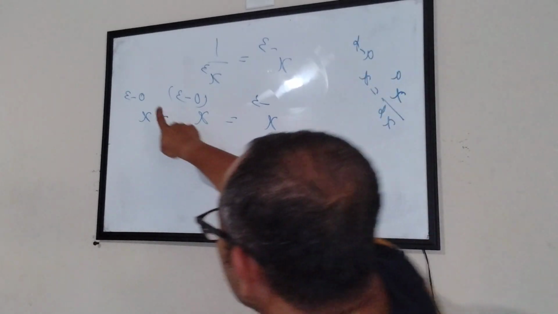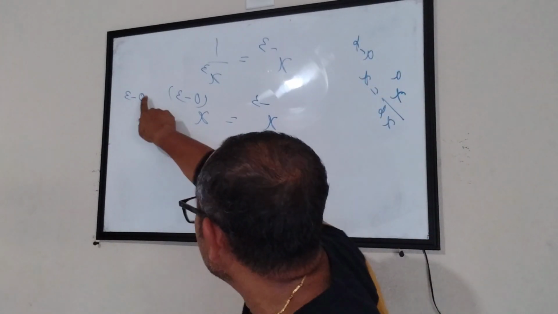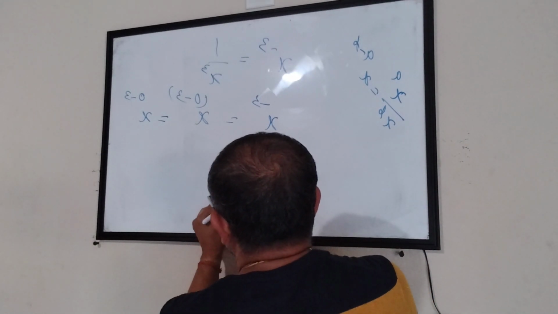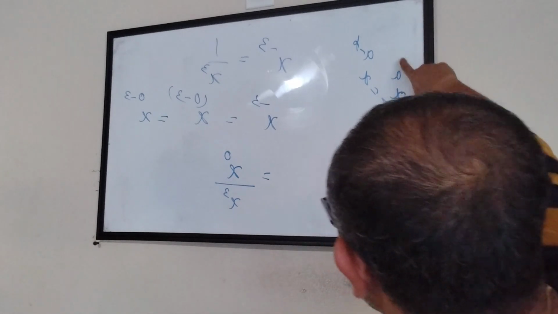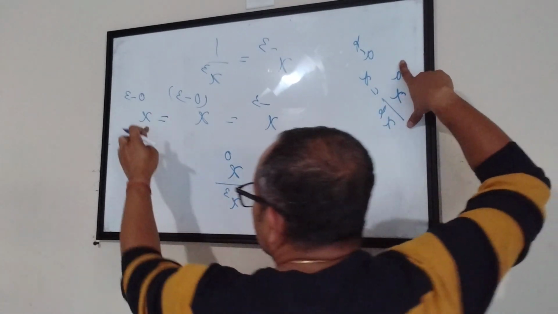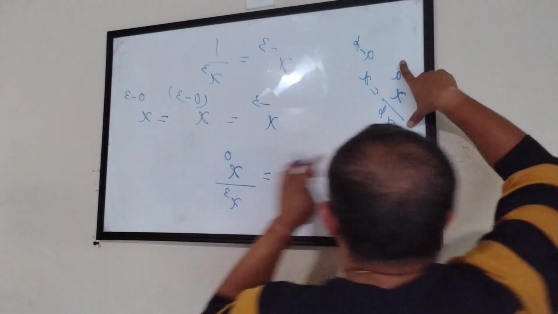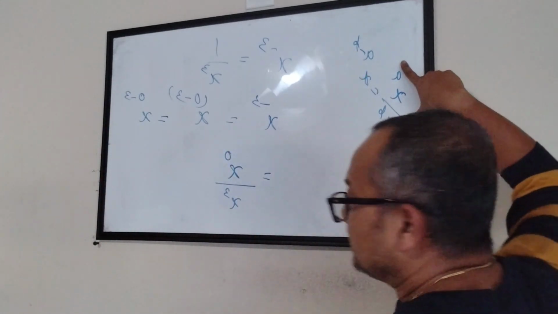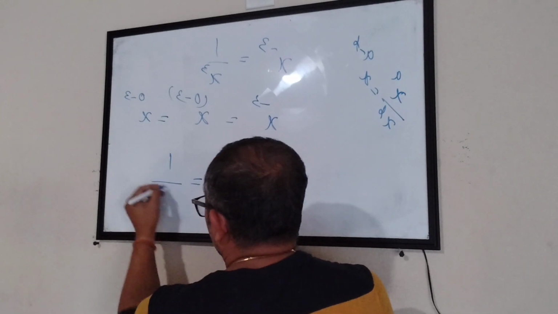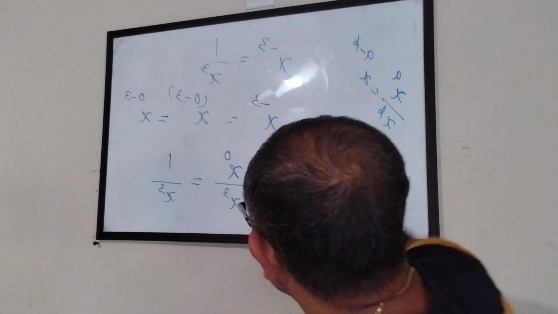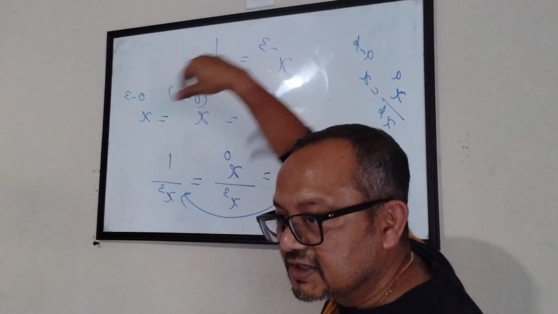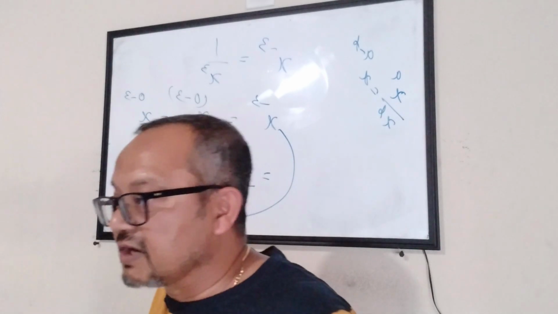So this equals x to the power 0 divided by x to the power 3. Now x to the power 0 is 1, so this is 1 by x to the power 3. What happened? You had x to the power minus 3, and this became the reciprocal, the inversion thing, whatever you call it.